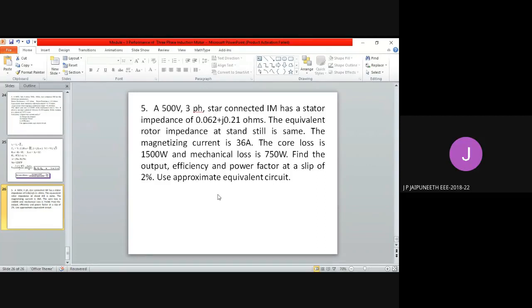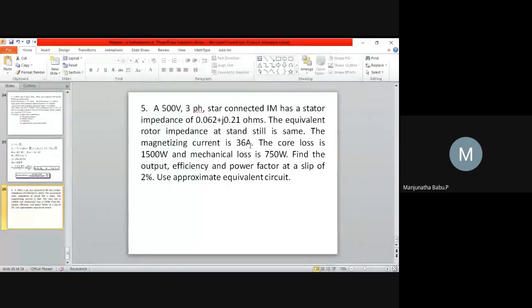Now if we add 36 plus 1.732, we will be getting the magnitude value. But directly we cannot take the magnitude, so we have to go for the angle also. We must find the power factor.